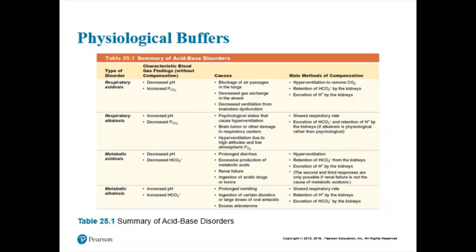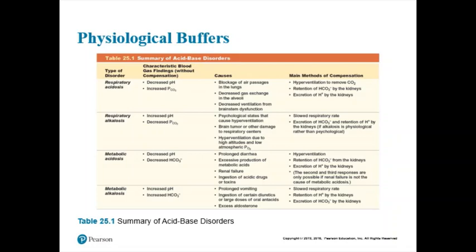There's respiratory acidosis, respiratory alkalosis, metabolic alkalosis, and metabolic acidosis. Take it one step. All the acidosis problems will have a low pH. All the alkalosis problems will have a high pH. Then it's a question of whether or not it's respiratory or metabolic. If it's respiratory acidosis, again, low pH acidosis, respiratory, it's because you have a high PCO2. If it's respiratory alkalosis, again, it's alkalosis, so high pH.